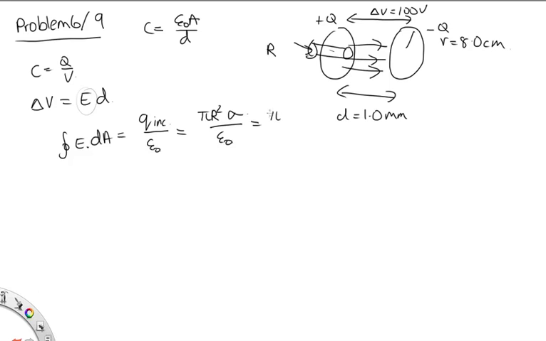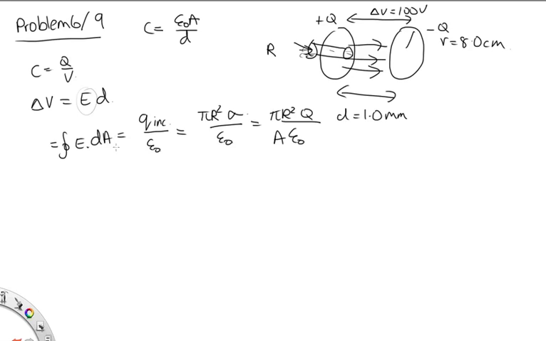And the charge density in this case is just given by Q over A, where A is the surface area of the capacitor. And for a cylinder like this, it's only the two ends of the cylinder which will contribute, as E dot dA is 0 everywhere else.